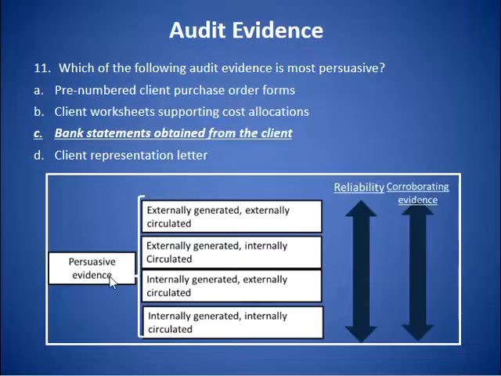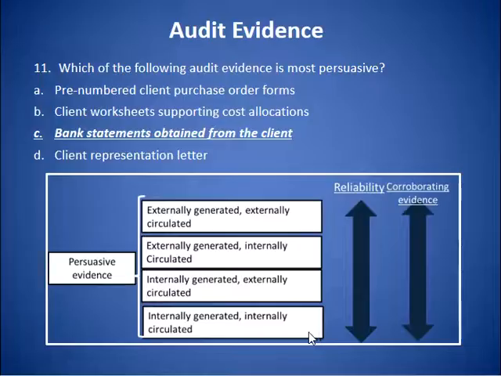And again, we can see our chart of persuasive evidence here. The top one is the highest in terms of reliability, and the bottom was the lowest in terms of reliability. Okay, pre-numbered client purchase order forms. Those are internally generated and they're also internally circulated, so they would be at the 4th level.